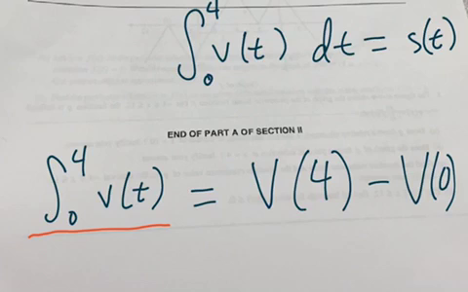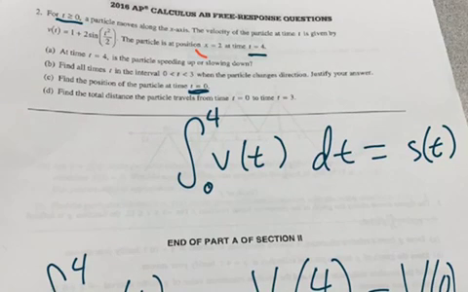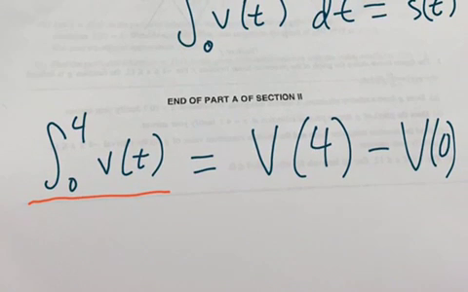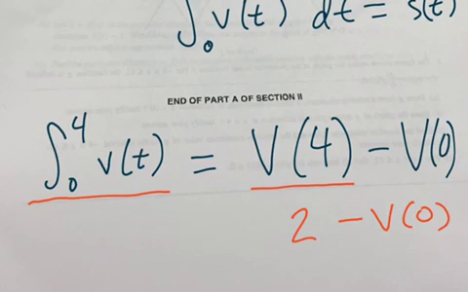We can put this in the calculator and solve this. We also are told at time 4, x is 2. So right here, this is time 4. X is 2. So we have 2 minus x of 0 is equal to the integral from 0 to 4 of v(t).